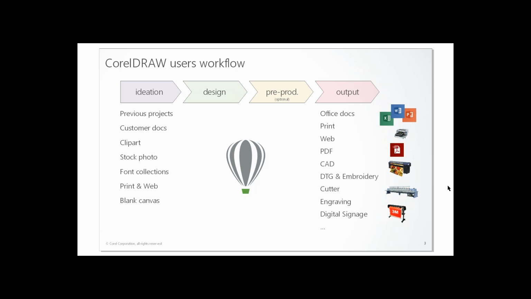From Microsoft Office documents, and we can do an export for Office very quickly to optimize in presentations, Word documents, etc., to print, to web, to PDF, to also be able to export to large format printers and many other different media that you're going to use. So you can really create once and repurpose anywhere.